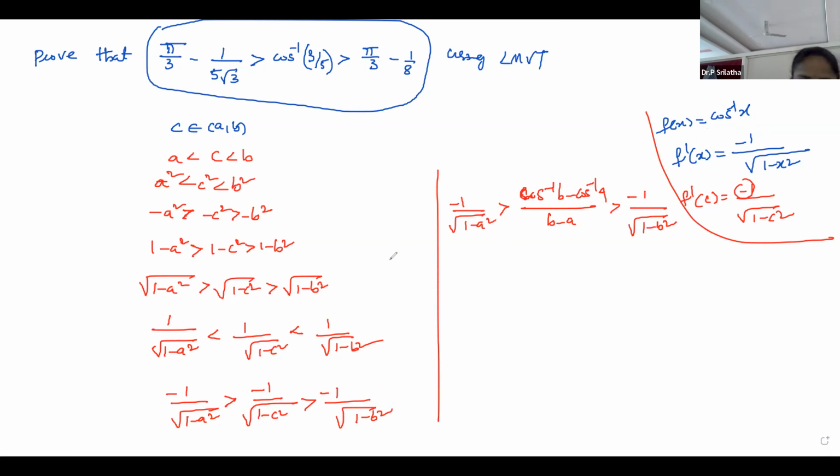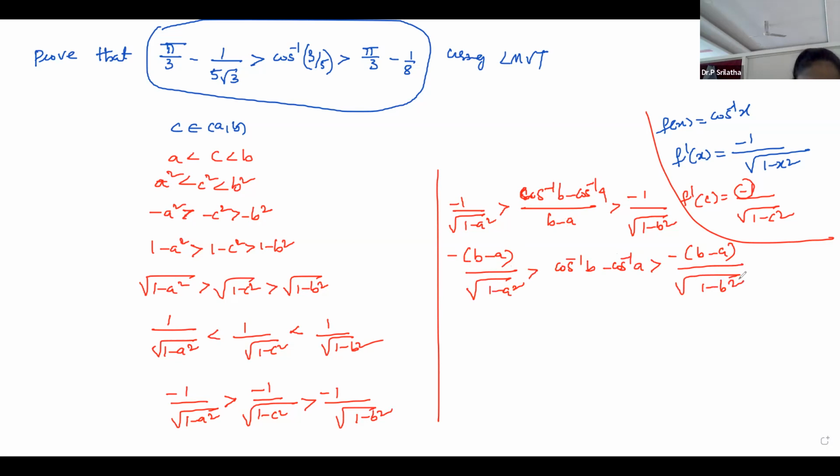Okay. So after simplification, multiply with B minus A on both sides, then we'll get cos inverse B minus cos inverse A is greater than minus of B minus A divided by under root of 1 minus B square.